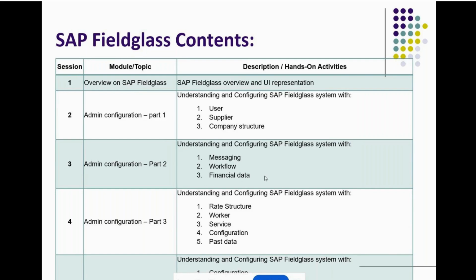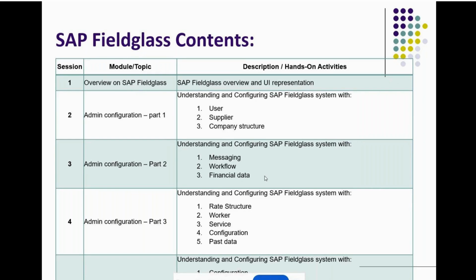For example, under financial data we have invoicing, adjustments, rate structure as well that we can define, and adjustment groups are there, invoicing is there. We'll see everything in this financial data. Then it can be very easy for you to link that with FICO systems.